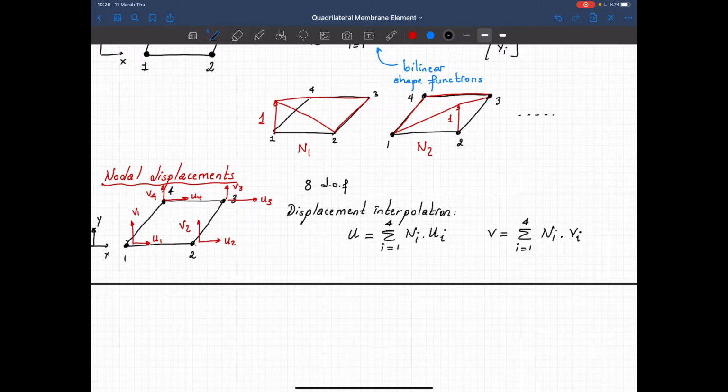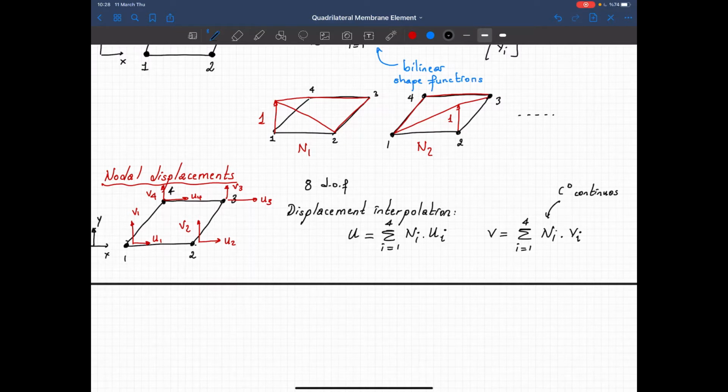So again, bilinear shape functions, Ni is C0 continuous. So it satisfies the essential boundary condition. It's a continuous function, one-time differentiable. So that's an admissible function. It's one-time differentiable both in the x direction and in the y direction.